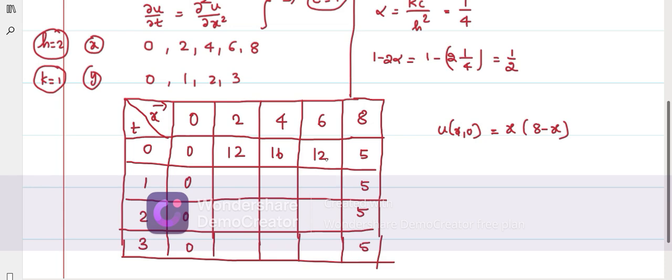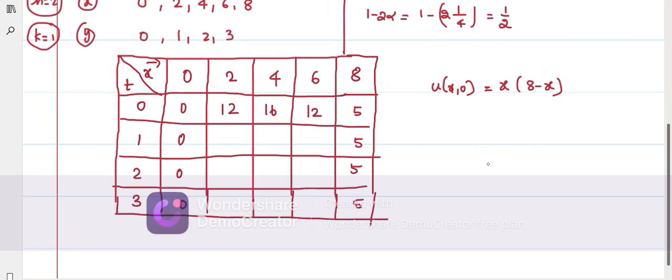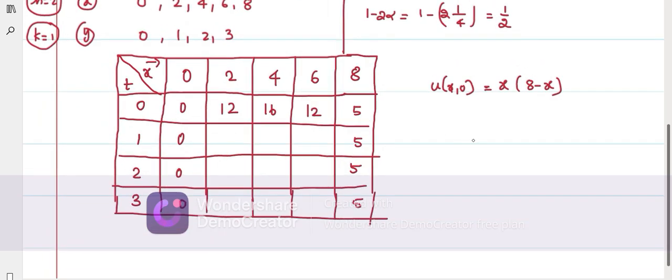To find the remaining blocks, we have two formulas: the explicit formula as well as the Bender-Schmidt formula. I will teach you a shortcut method here. Here alpha is 1 by 4.